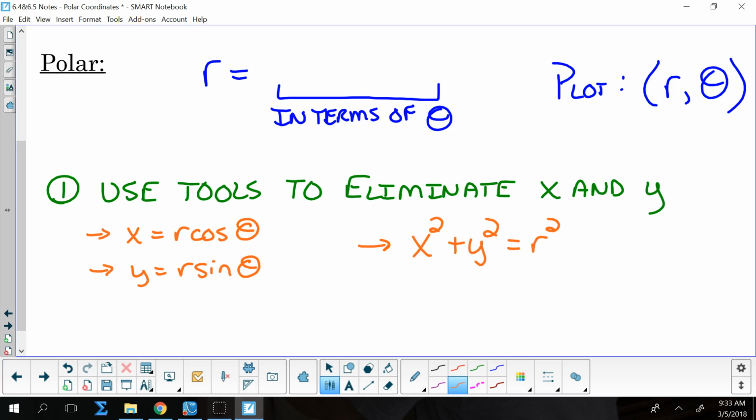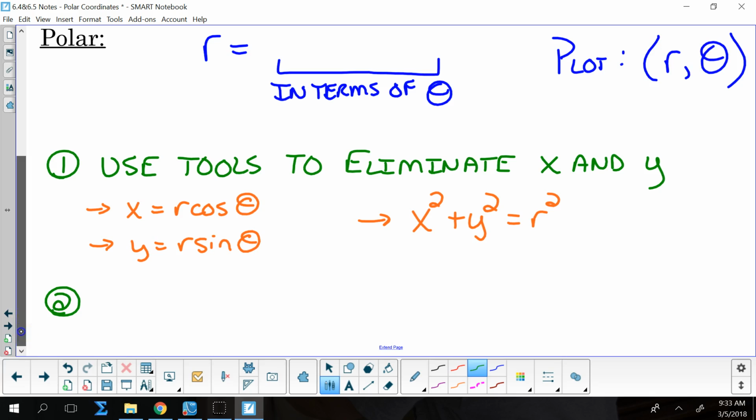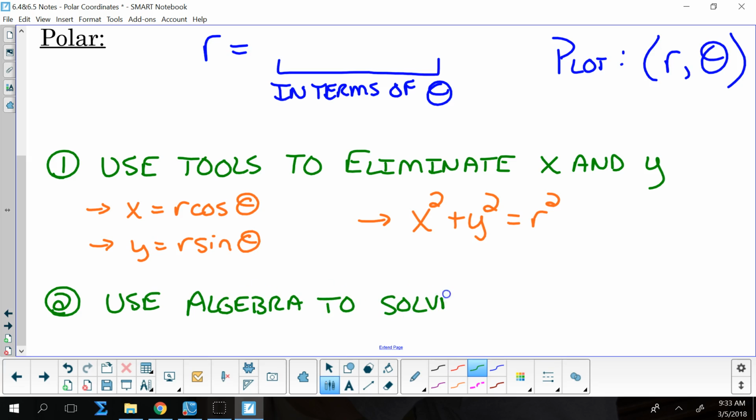Then we're going to use the tools to get rid of x and y. Then we're going to use algebra to solve for r, because remember, we want our final answer in r equals form.